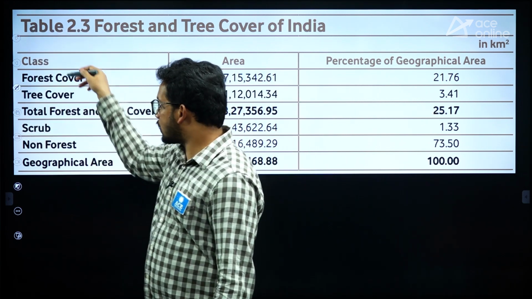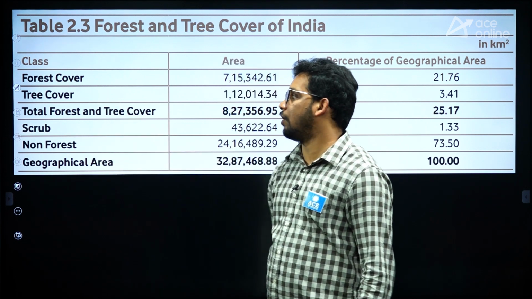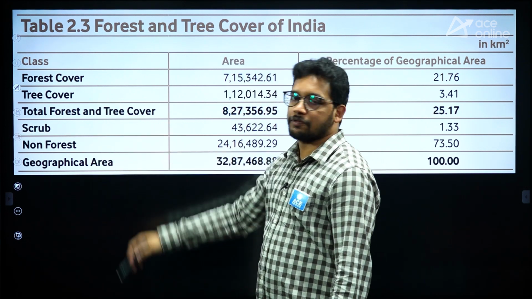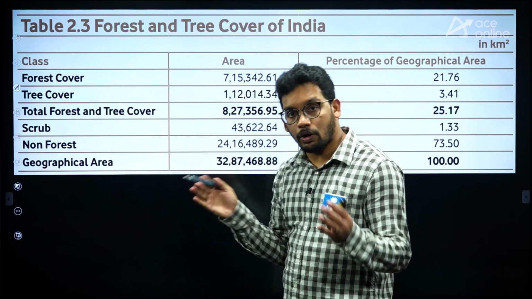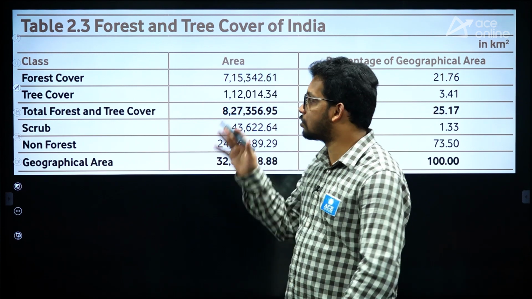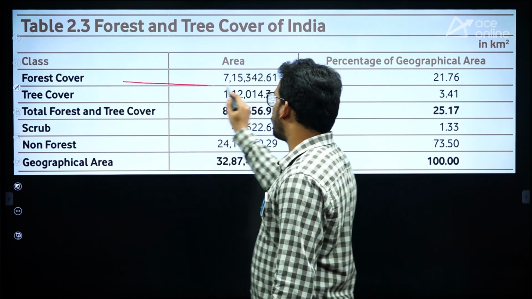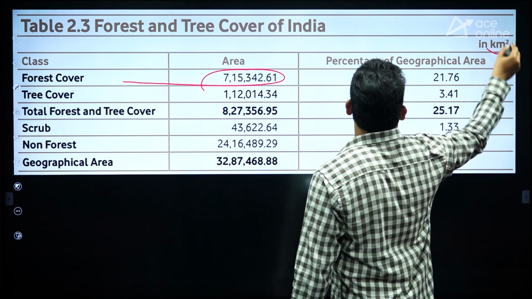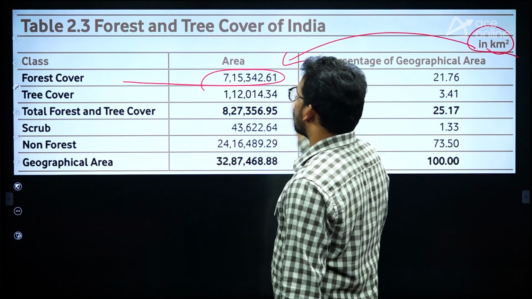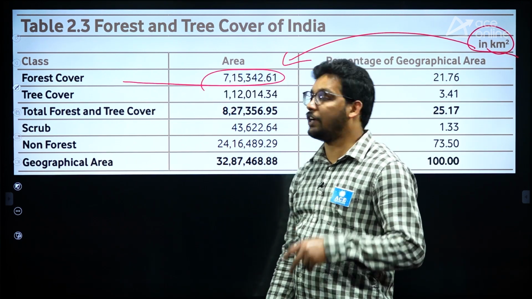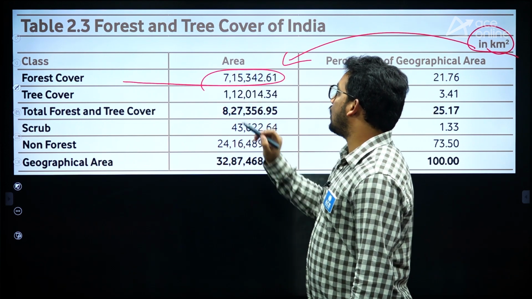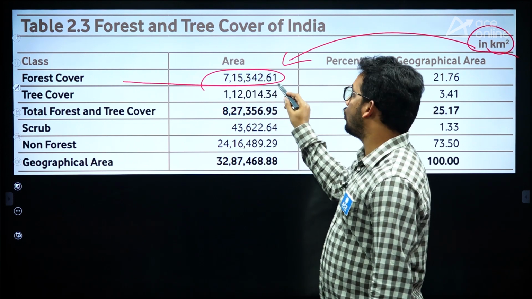Very important. We have discussed what is forest area and what is tree cover plus forest. You have to have a clear understanding of those definitions before knowing these details. The total forest cover of India in square kilometers is 7,15,342.61.